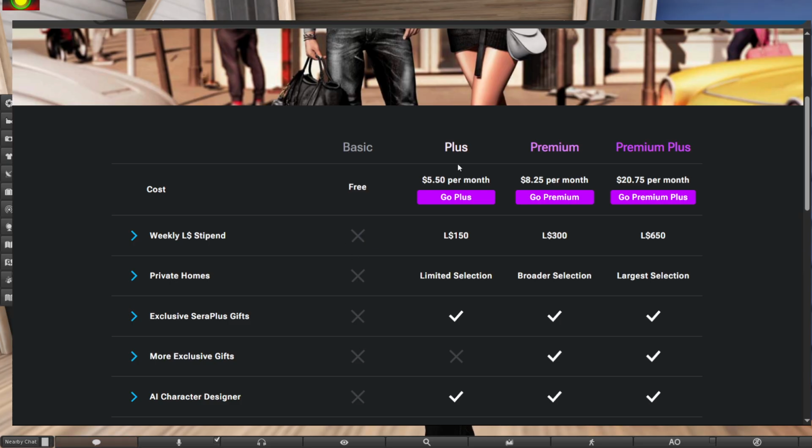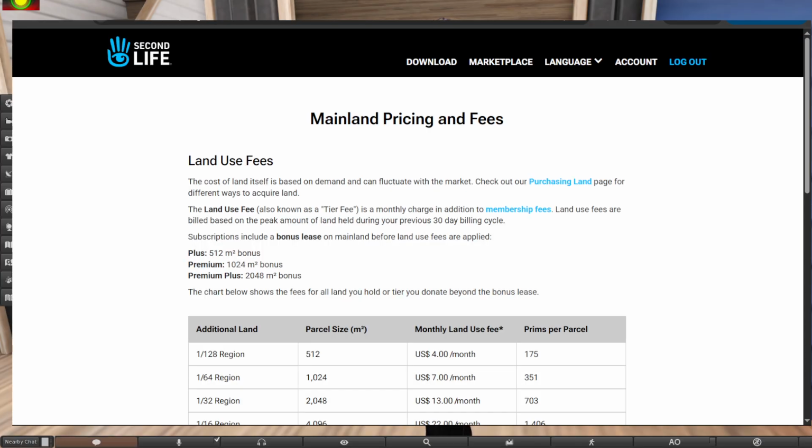So if you have a plus membership or a premium membership or a premium plus, you basically get a bonus from Linden Lab. Let me see what it's called. Hang on. Well, let me back up. Let's go to Mainland pricing and fees. Mainland is all the land that Linden Lab owns, right? That's public for everybody.